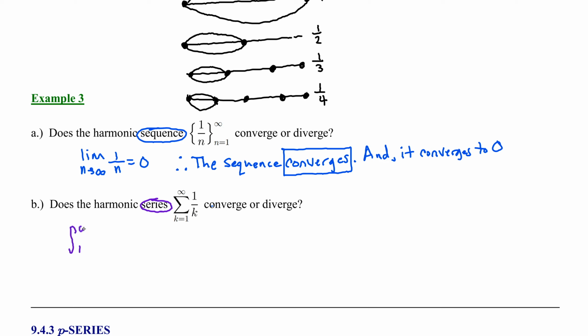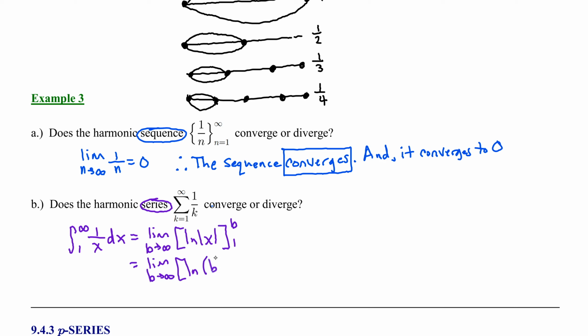What does the integral test say? So if we evaluate the integral from 1 to infinity of 1 over x dx, let's write this as the limit as b approaches infinity. Can we go ahead and integrate? I know you can handle this one. We get natural log of x from 1 to b. The limit as b approaches infinity of the natural log, we're dealing with all positive numbers here, so those absolute value bars can be dropped.